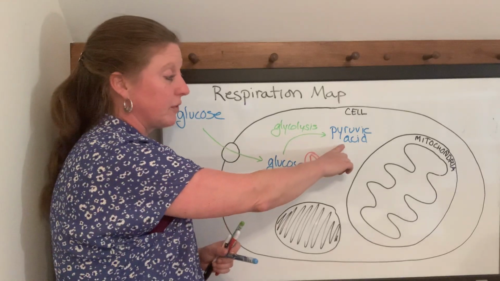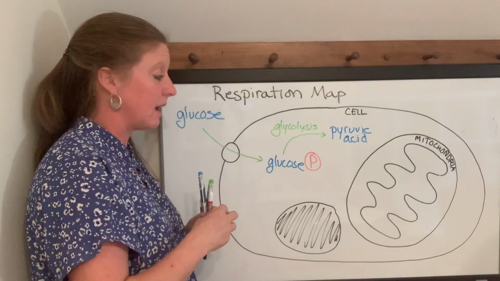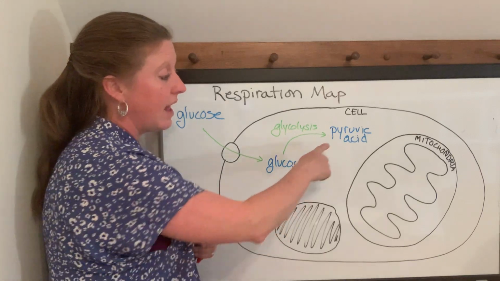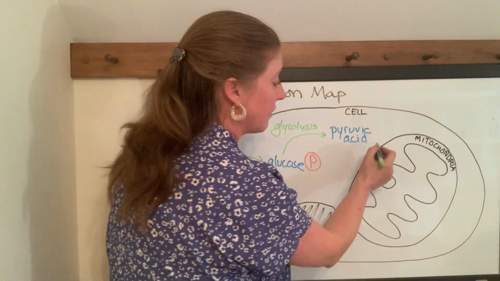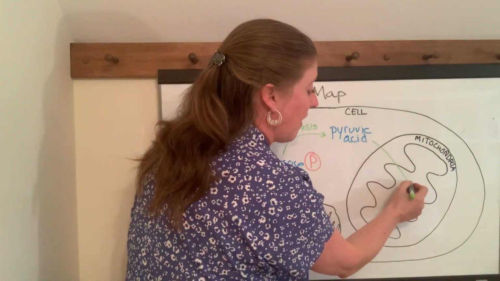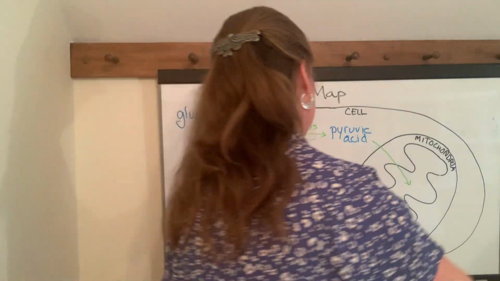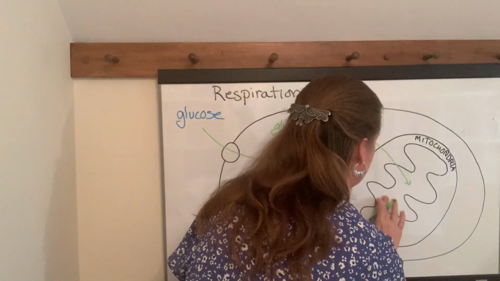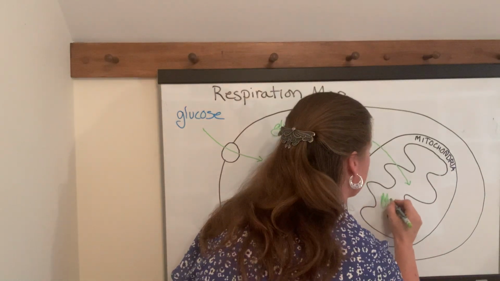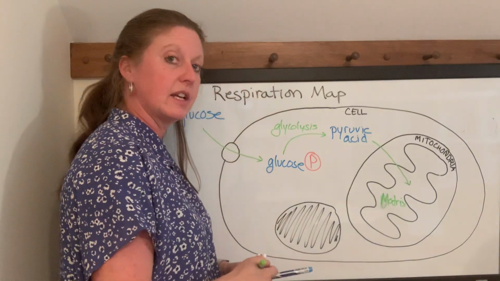But now the pyruvic acid still has some energy in it, in those bonds between the carbon molecules. And the pyruvic acid will next go into the matrix of the mitochondria for what we call the matrix reactions. So I'm going to write matrix here, because that's the next stage of the reactions.